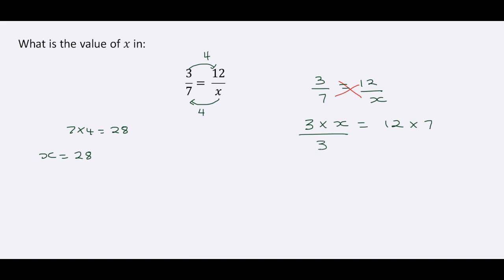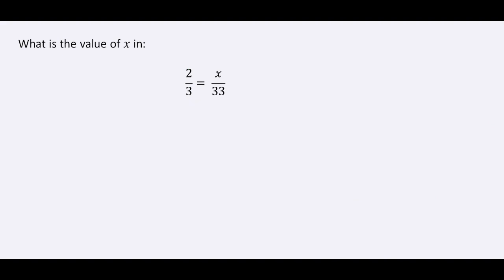We're going to divide both sides by 3. So you can cross this out. And then now you have 12 divided by 3 is 4. So x equal to 28. So either approach will give you the same answer.